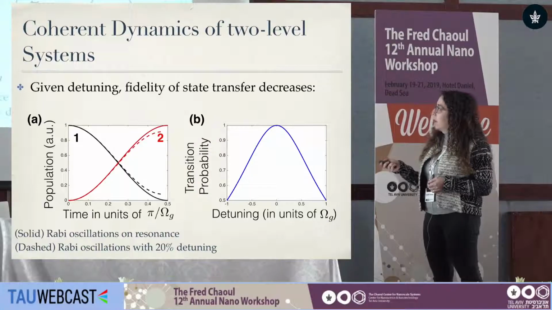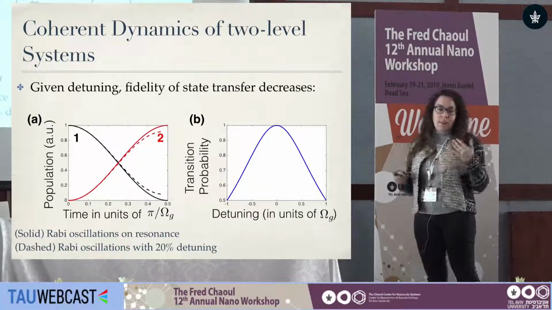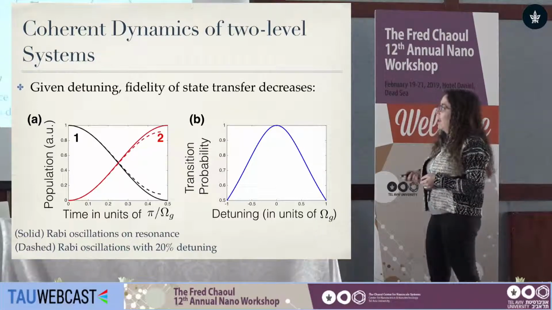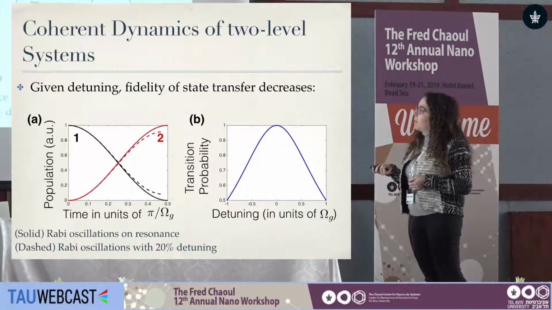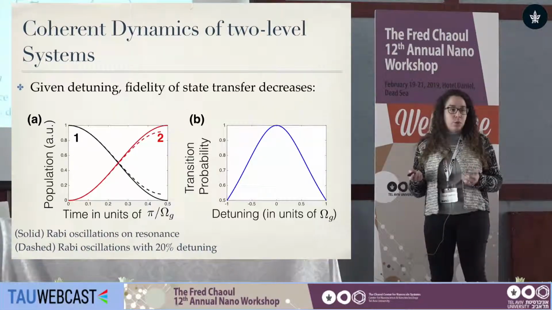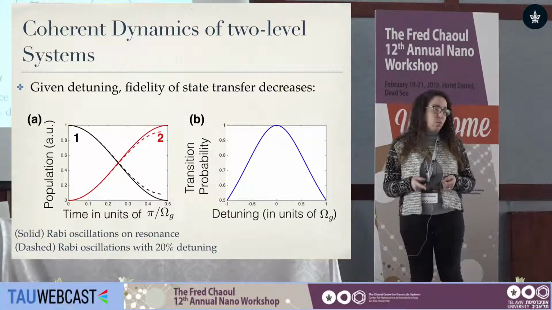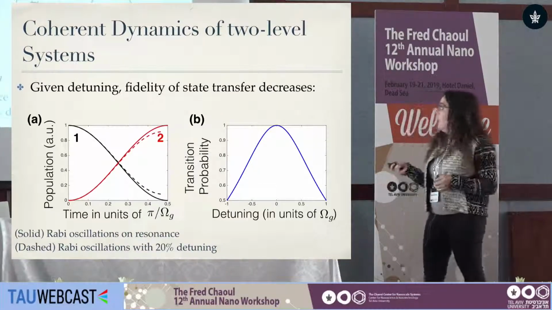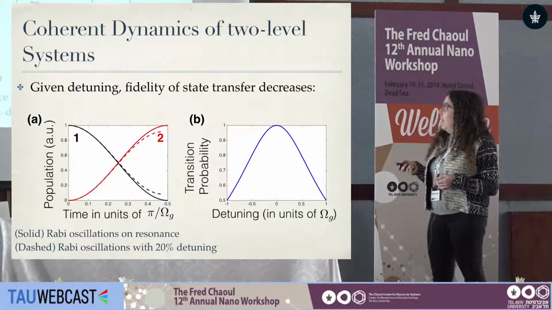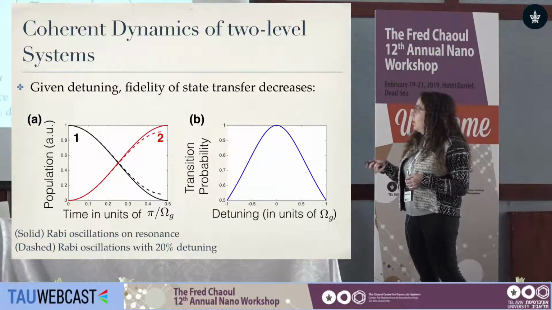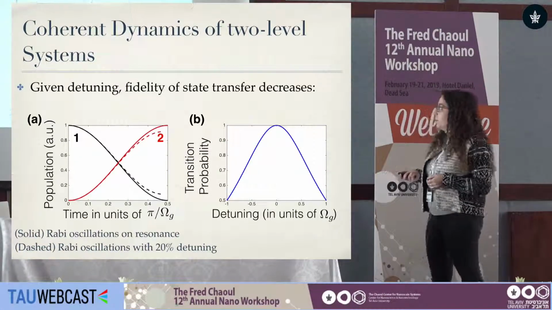The solid lines are the one cycle of Rabi flopping, and the dashed lines show what happens if I have 20% detuning in my system. And to the right, you can see that the transition probability from state 1, the ground state, to the excited state dramatically loses fidelity the more detuning I have.